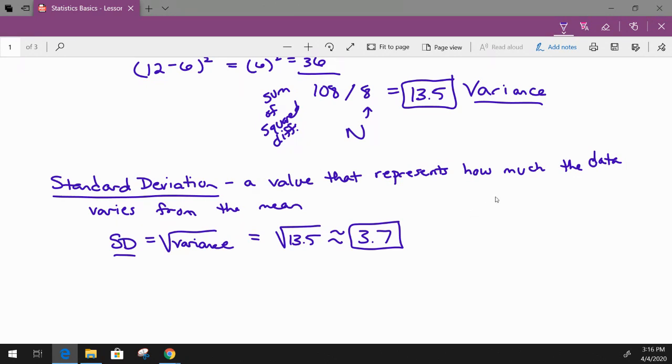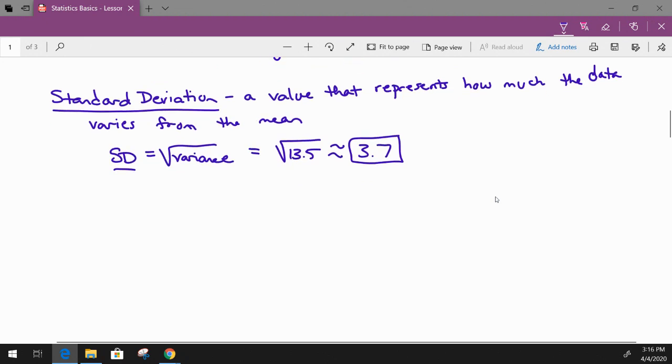The mean average deviation is very similar, but it's not quite as time consuming.